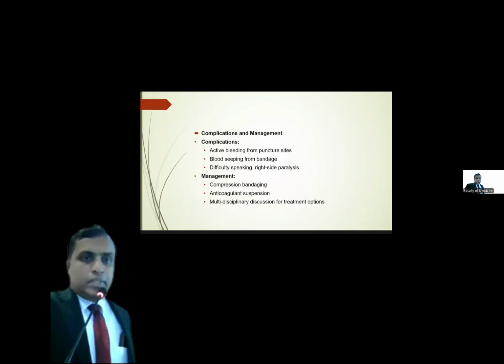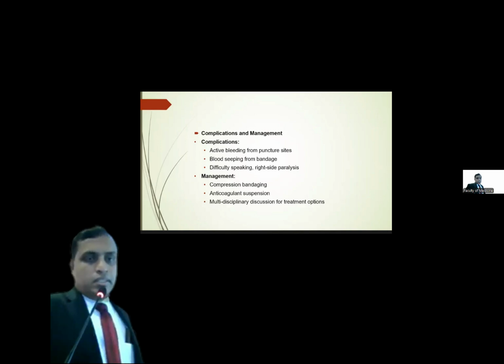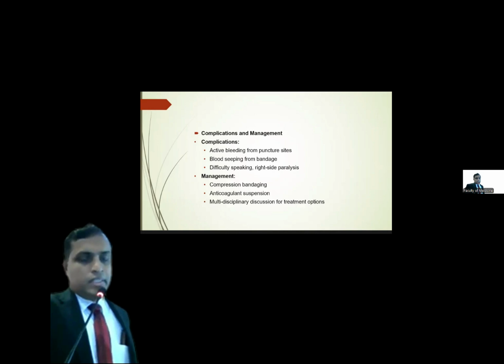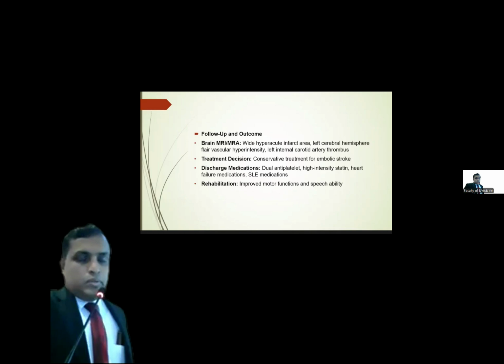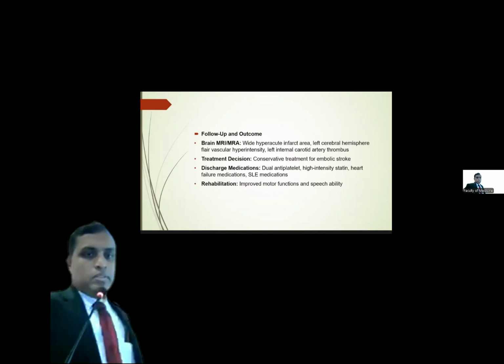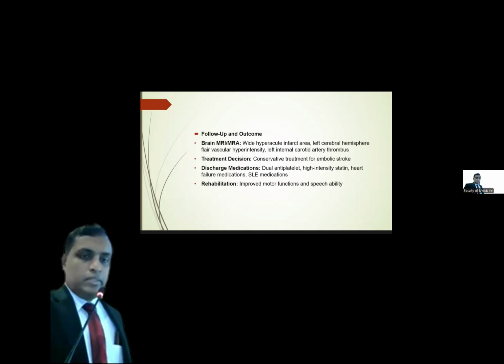But the approach was conservative because thereafter she developed bleeding, and then developed right-sided paralysis. An MRI scan showed an infarct as well as a left internal carotid artery thrombus, probably from the LV.